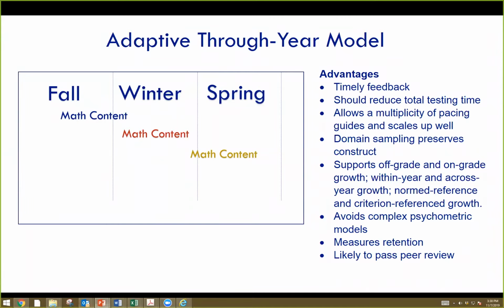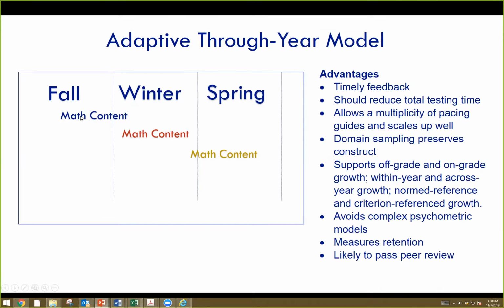Okay, so if we break this back down to the model we were using earlier, in the adaptive through-year model, once again we have content being taught throughout the year. One of the nice things about this model is that it doesn't require a common curriculum. We need to teach at the grade-level standards, but it doesn't matter what order a district teaches in.